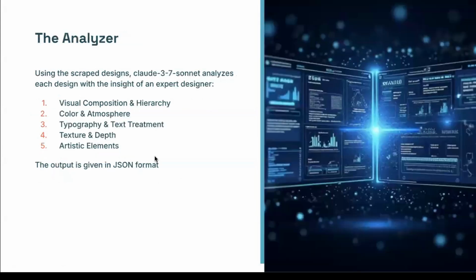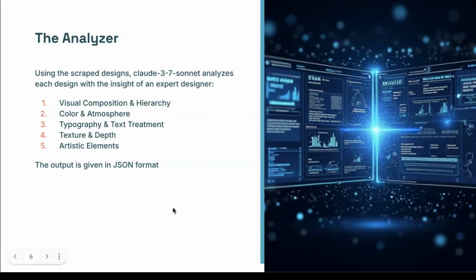So then the interesting part is the analyzer. I started with ChatGPT GPT 4.0, but Claude 3.7 Sonnet is a little bit better at the softer sides of associations and creativity and that sort of thing.